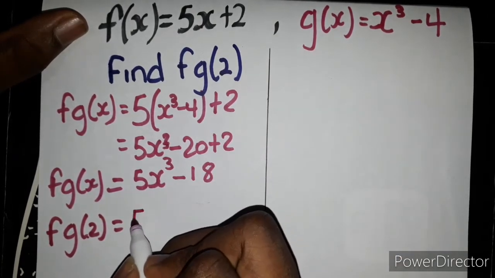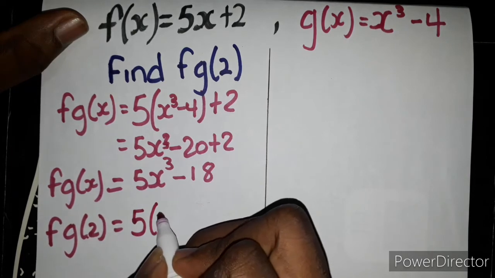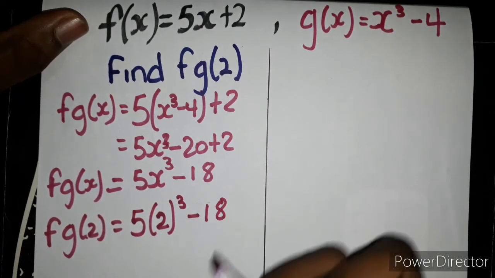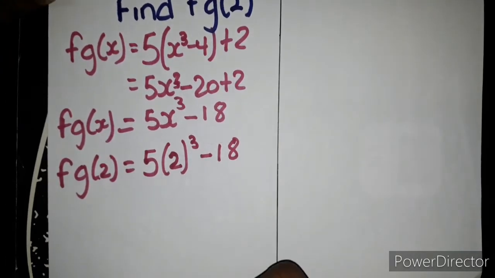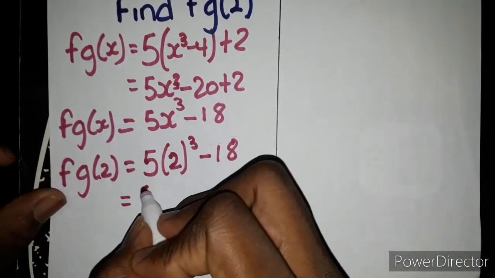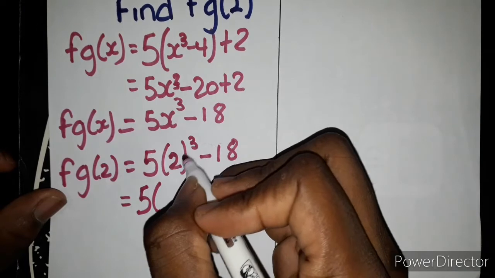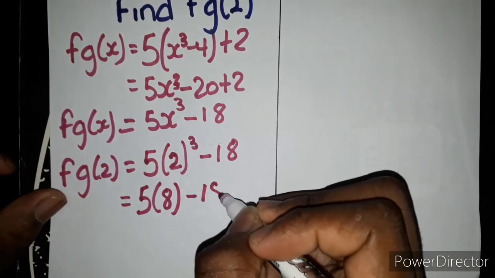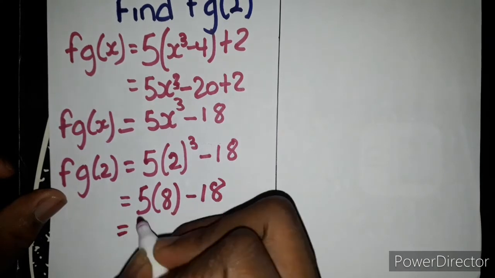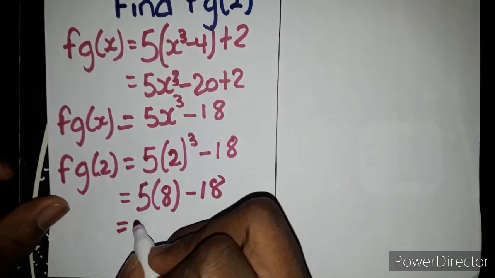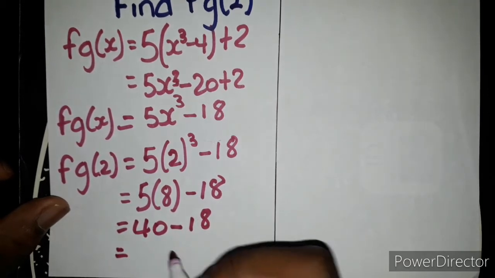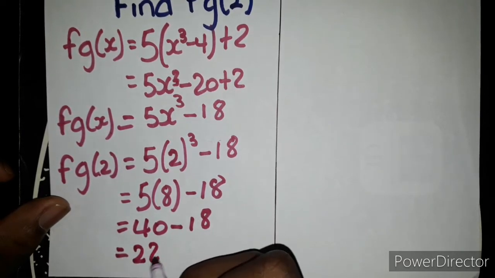This is going to be 5 bracket 2 cubed minus 18. And this will give you 5 bracket 2 times 2 is 4, 4 times 2 is 8, subtract 18. 5 times 8 is 40, subtract 18, and that will be 22.